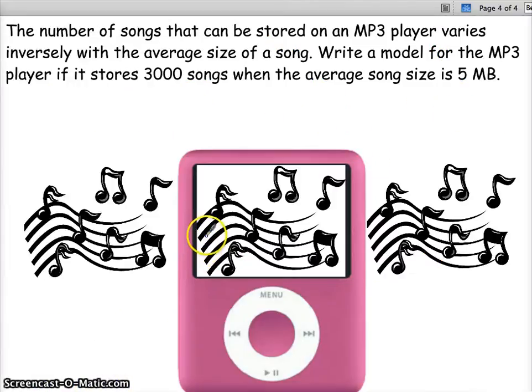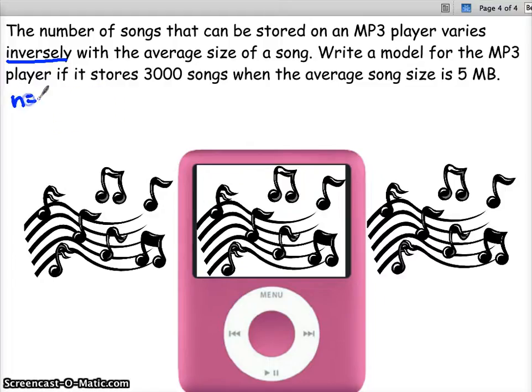Lastly for you, we just have an application problem. So think about the problem. Realize that the key word when you're reading that problem is that it says inversely. So the number of songs that can be stored on an MP3 player varies inversely with the average size of a song. Think about how you could write out an equation for that problem or a model for that problem.